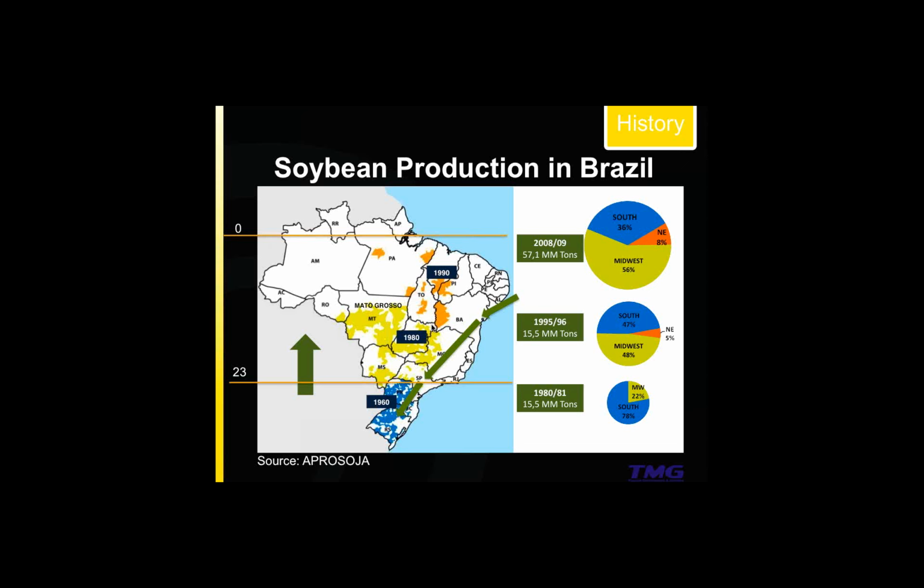That was in the early 1900s, and it was about the beginning of the 60s that the soybean crops started to grow in southern Brazil, under parallel 23.